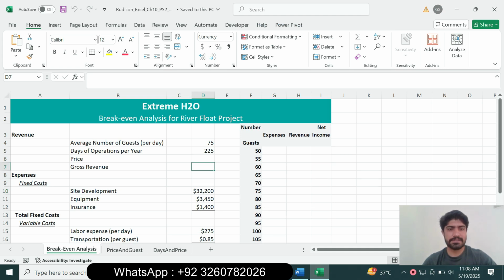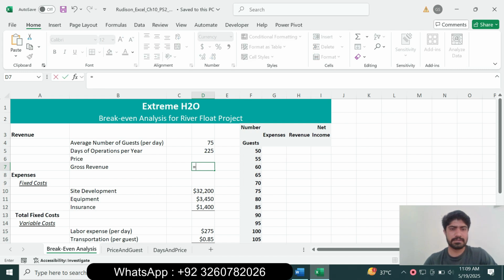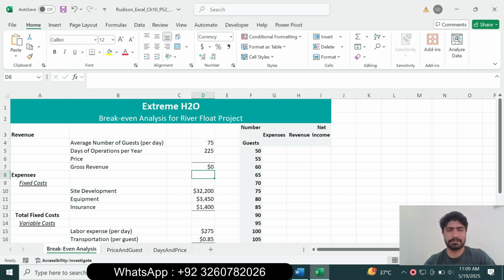Select the cell D7 and type equal to, then select the cell D4, multiply by D5, multiply by D6 and press enter.